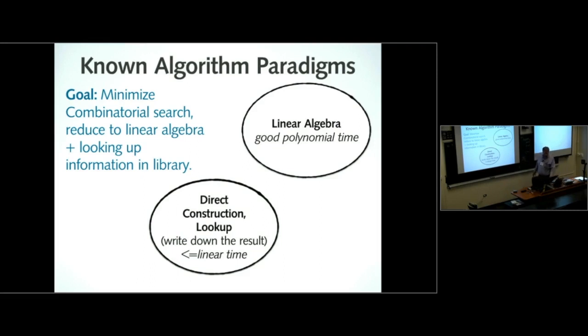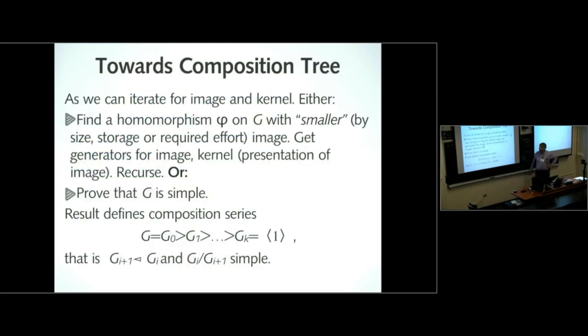But let's go back to the question of splitting the group apart. So, we want a homomorphism, it has an image, and it has a kernel. So then we can iterate. We go to the image, that's again a group, we go to the kernel, that's again a group, and we can try to find homomorphisms. So what we basically need is some mechanism which for a given group gives us a homomorphism where the image is smaller.